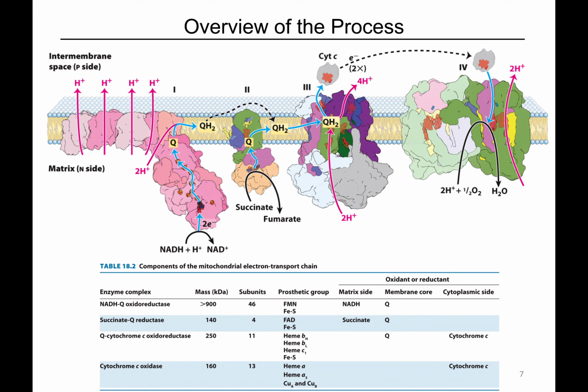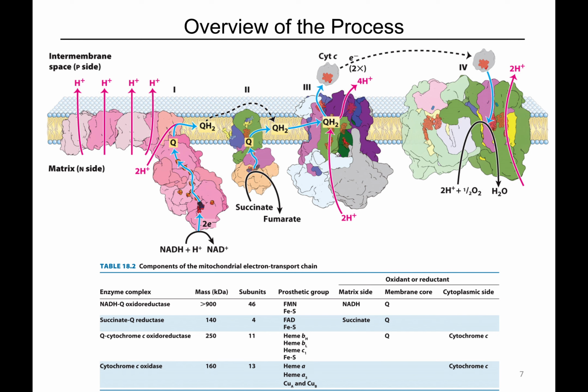Complex 2 is, we've actually seen part of this before. Complex 2 is composed of a succinate dehydrogenase and a coenzyme Q oxidoreductase. So succinate dehydrogenase is part of the TCA cycle, right? When we think about this in the context of the mitochondrial electron transport chain, we call it succinate Q reductase.